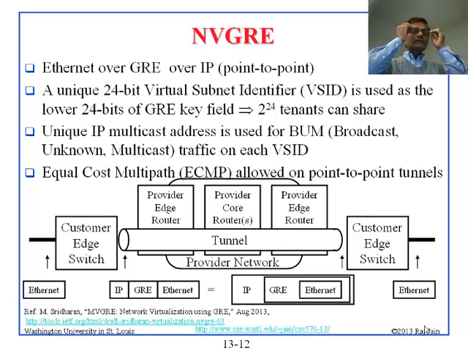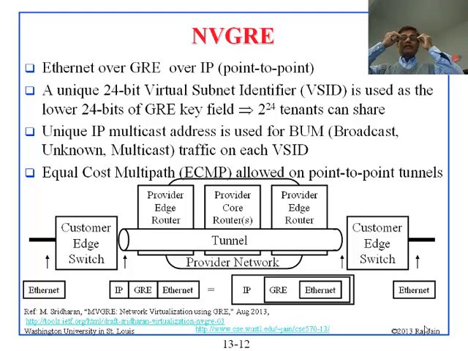If it is not unknown, then unicast is sent only one way. Only unknown unicast will be sent like a broadcast, and multicast is another one. Suppose it is going to 5 people.